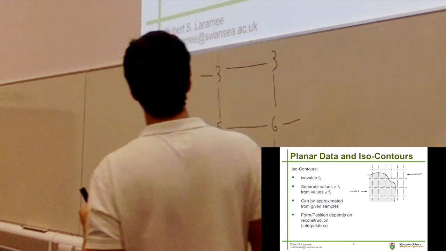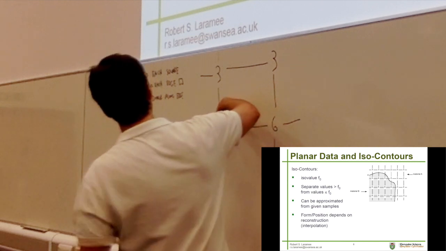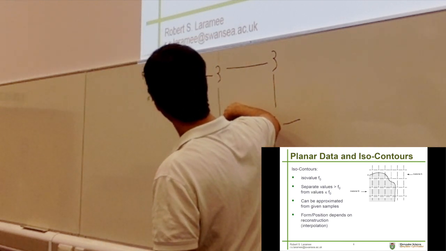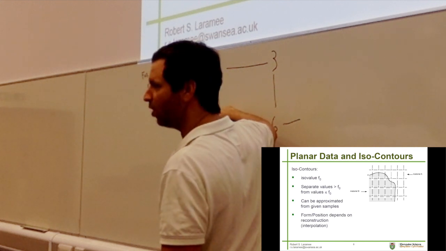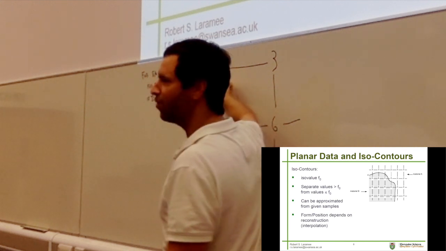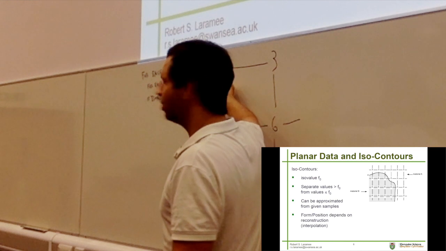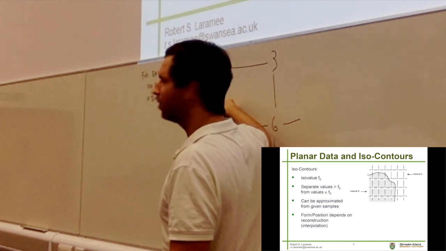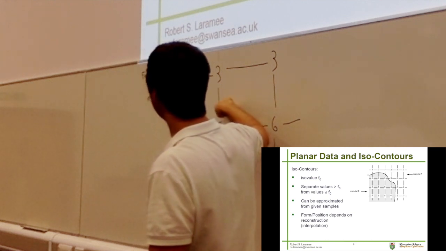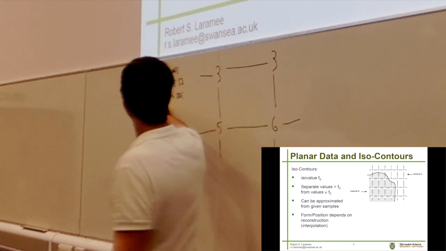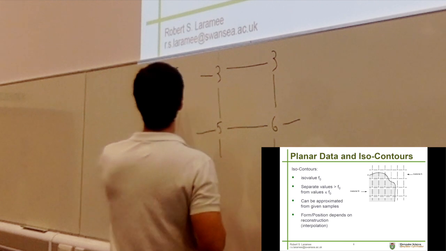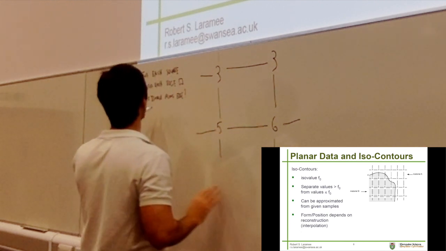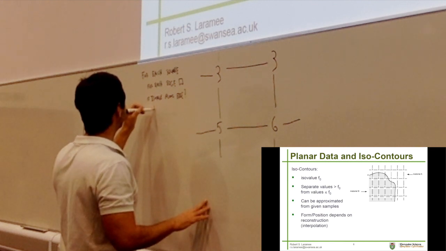So we're testing, in this case, the value of 4. Here we're looking at this edge first, and we know that 4 is below 5, but above 3. So it is actually in between here somewhere. So in this case, it's true. Is the ISO value along the edge? If it's true, we know we have an intersection.